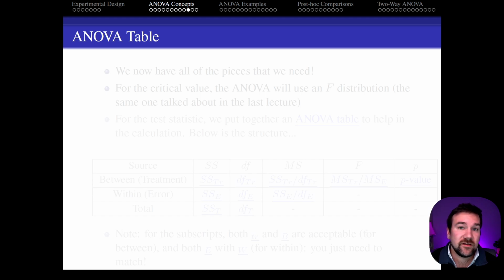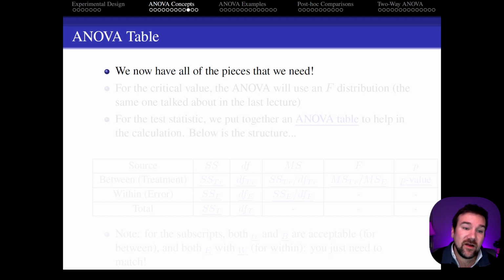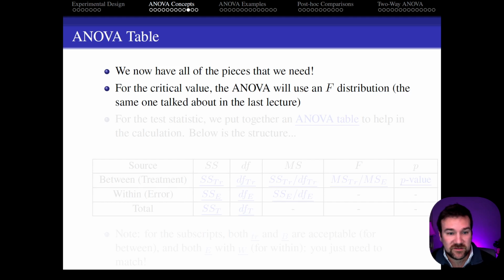Now, when we do the analysis, we actually have to do those calculations, and then we have to do more calculations on top of that. So we have to do a fair amount of work in order to get the results of an ANOVA. To keep all of that work straight, it's common to present your work and results in a table form that's called, for this analysis, the ANOVA table. We now have all the pieces that we need to put this together.